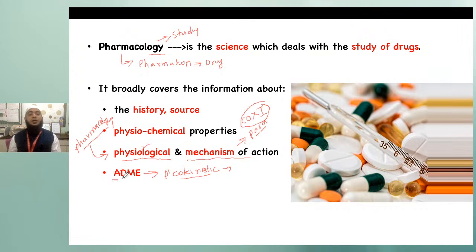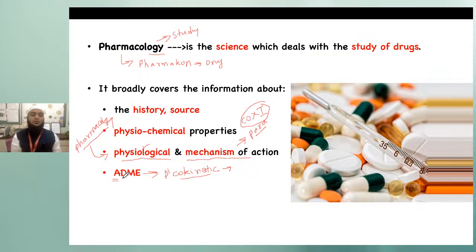For example, if you want to induce sleep, you are taking sleeping pills. So how are you taking sleeping pills? Do you give the injection of the drug directly into your brain? No, you are not giving the drug injection directly into the brain, but you are taking just an oral tablet of the sleeping pills. Now what happens? How is it distributed to the brain?